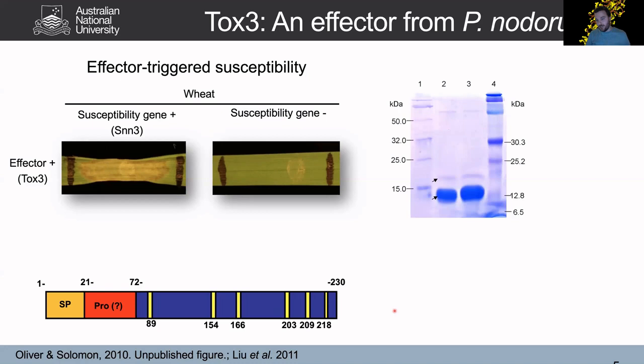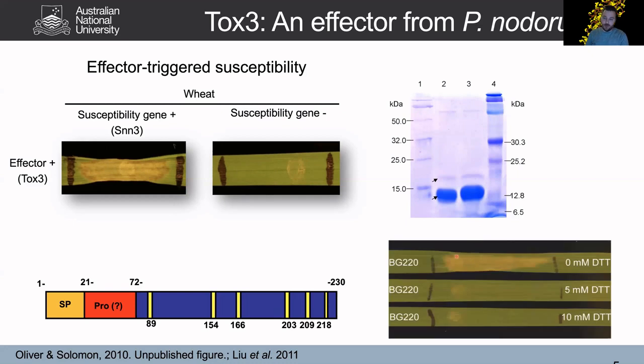Tim's group actually originally identified this from culture filtrates of Parastagonospora nodorum. And what's important is that the protein itself is sensitive to a reducing agent. So this is a titration they did here where they used dithiothreitol, which is a reducing agent which reduces disulfide bonds, and they showed that by incubating the protein in DTT it actually lost its function.